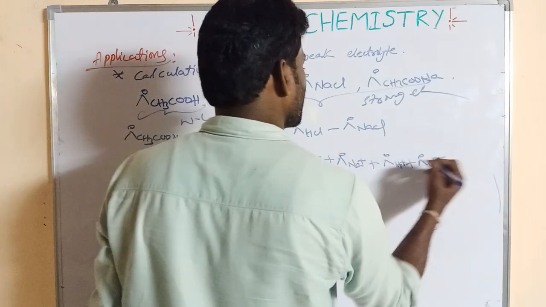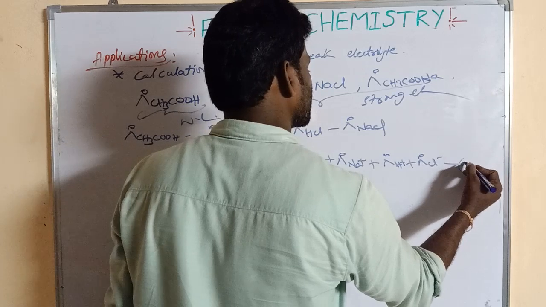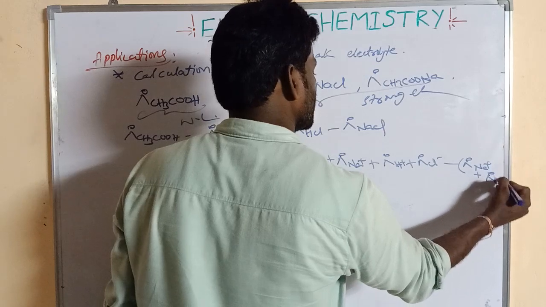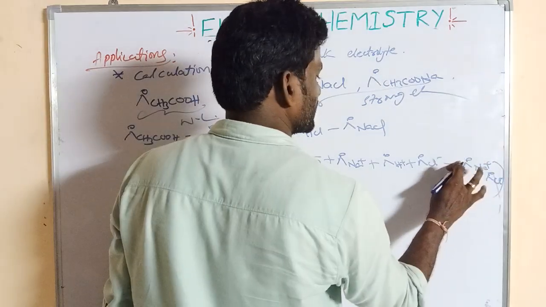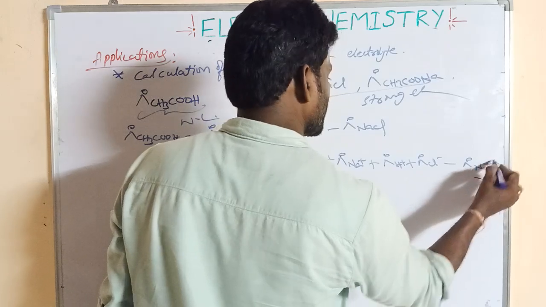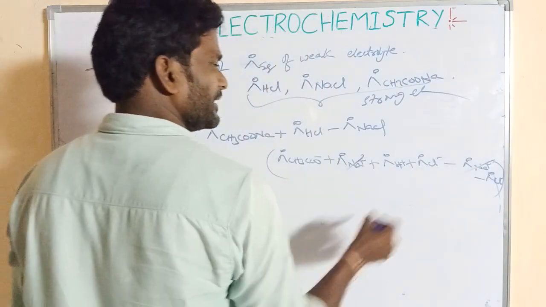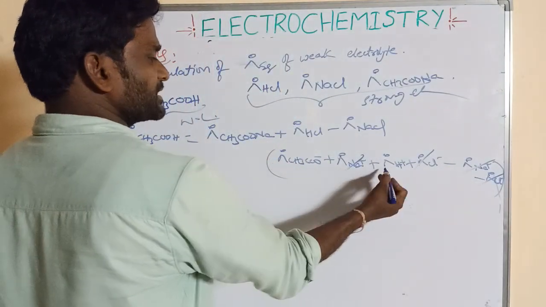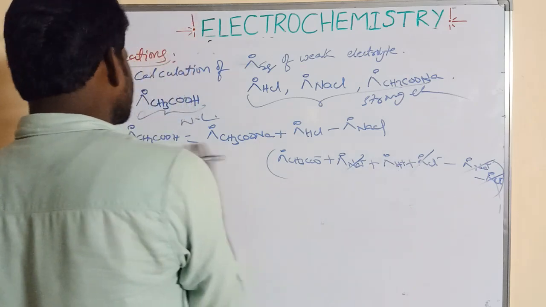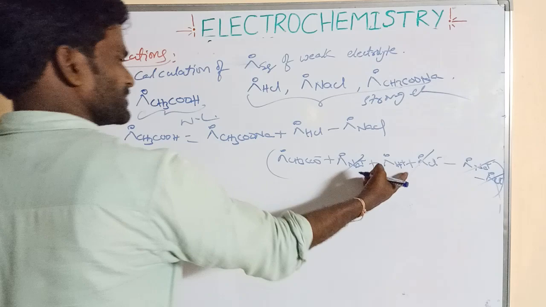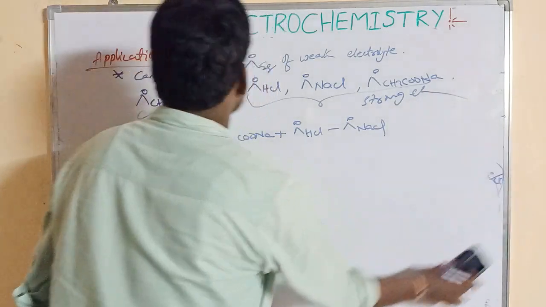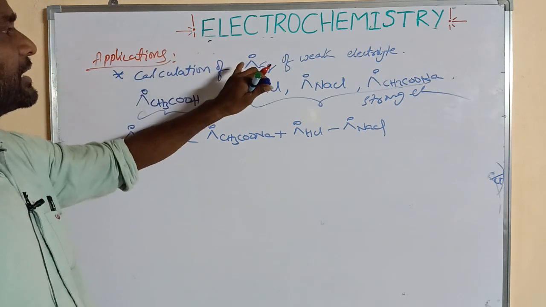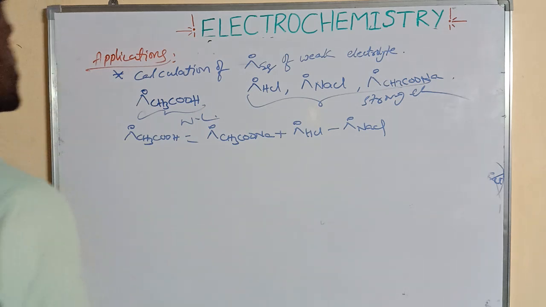Minus λ° Na⁺ and λ° Cl⁻. So these cancel, and finally we get λ° CH3COO⁻ plus λ° H⁺, which is equal to λ° CH3COOH. By using this we can calculate the limiting equivalent conductance of a weak electrolyte. This is the first application.